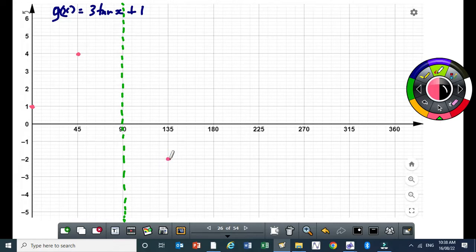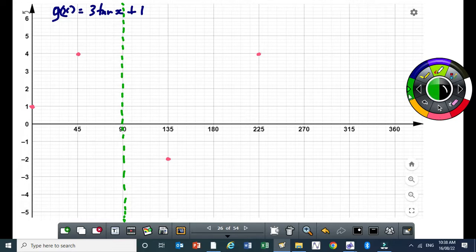Then we are going to need to know the x-intercept, but I'm going to find that later on. Then, at 225, tan 225 will give you a 1. So the same value that I got for 45, that's the same value that I must get for 225. Tan 225 is also a 1.